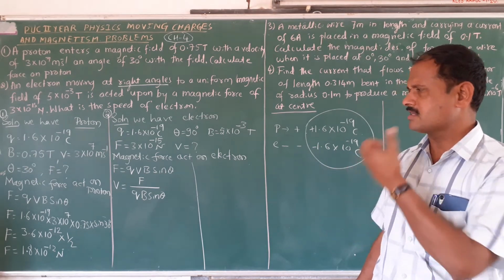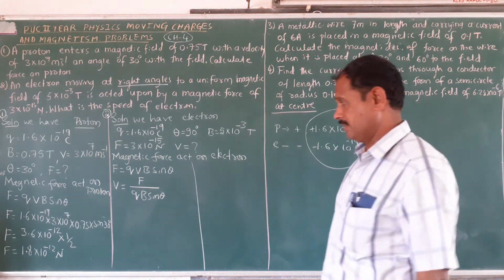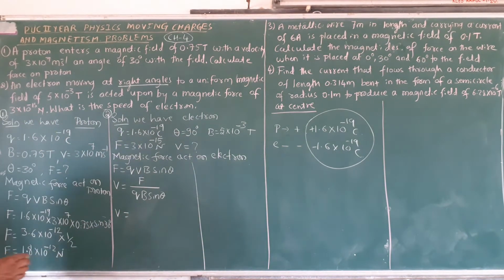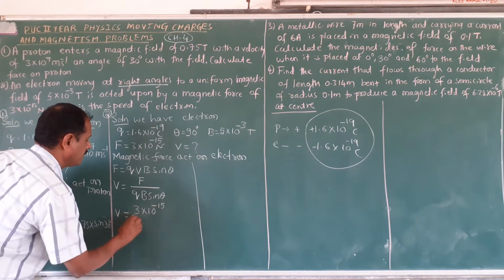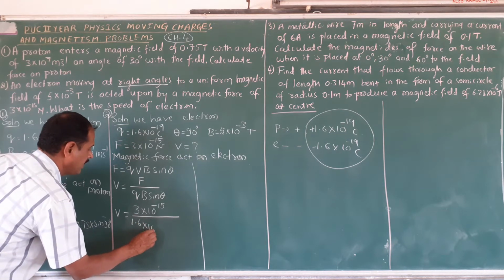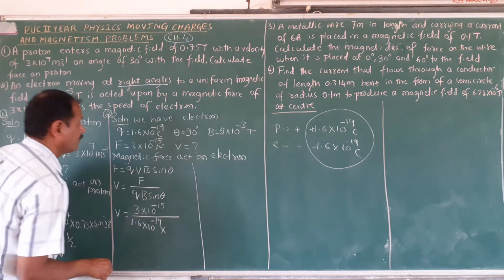Charge is understood, that is 1.6 into 10 to the power of minus 19. V is equal to, what is the force? 3 into 10 to the power of minus 15 divided by Q, 1.6 into 10 to the power of minus 19, into, what is the magnetic field?